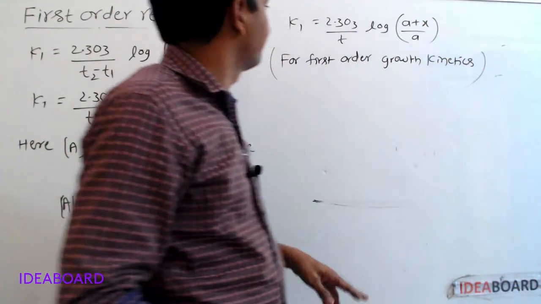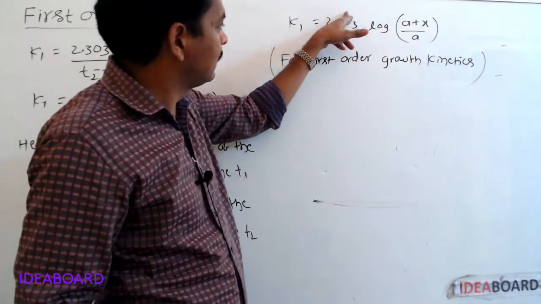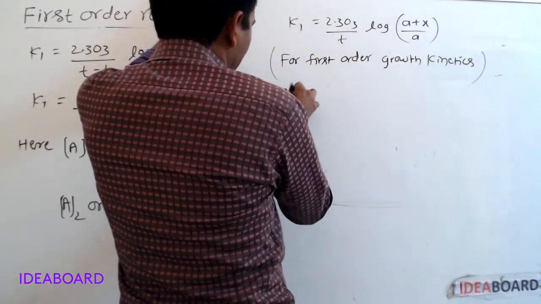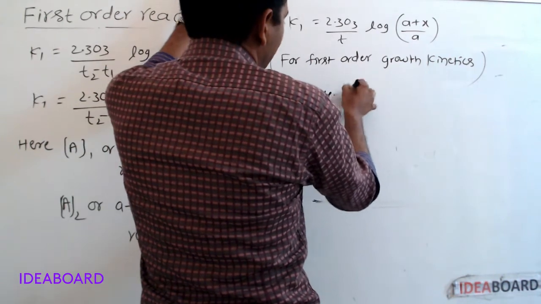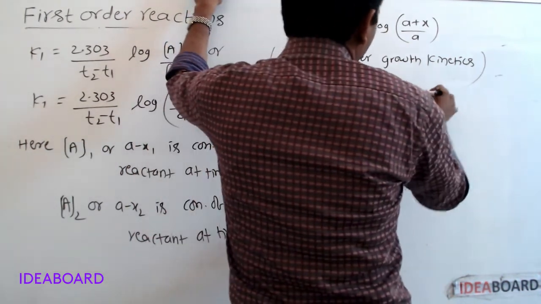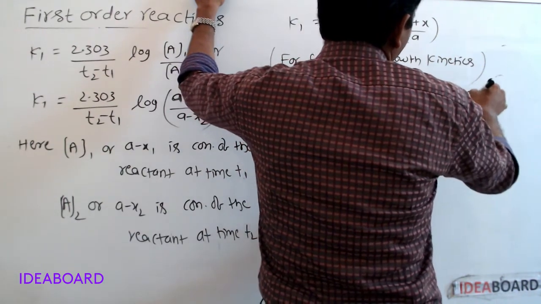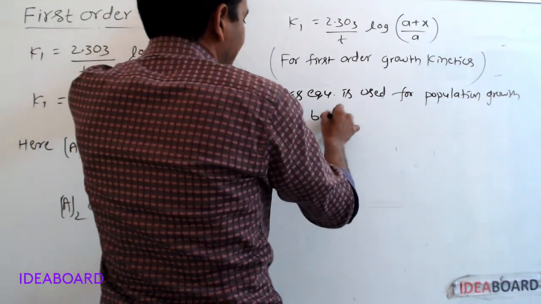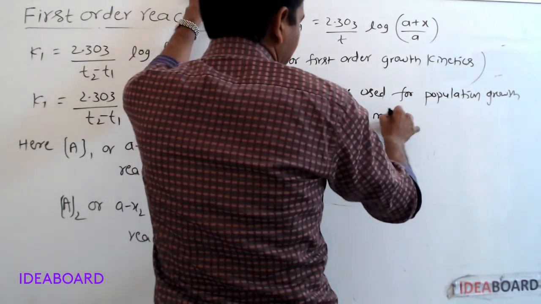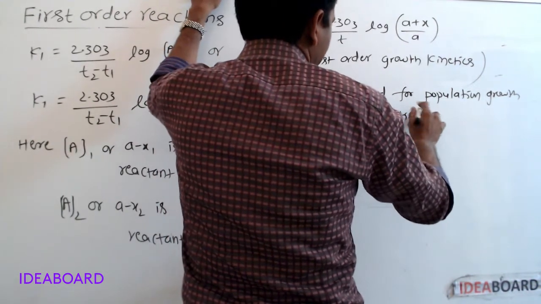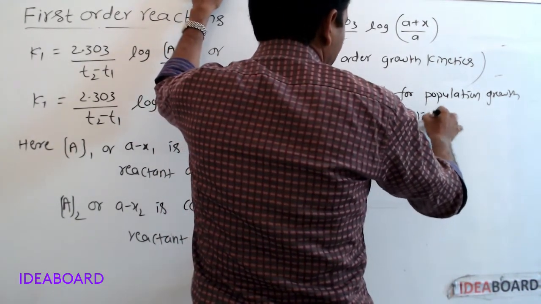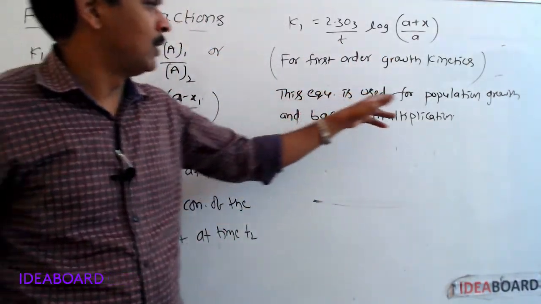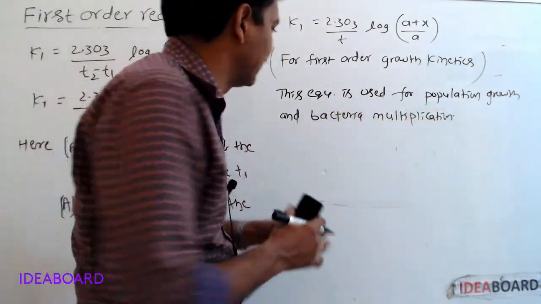That's why A plus X by A. K1 is equal to 2.303 by T log of A plus X by A. This equation is used for population growth and bacteria multiplication.